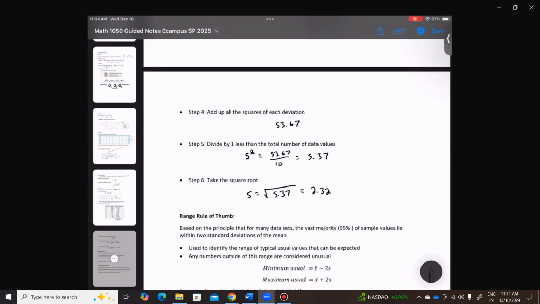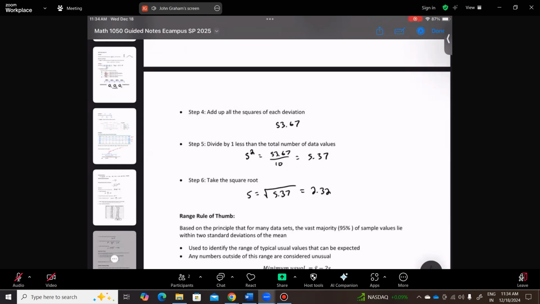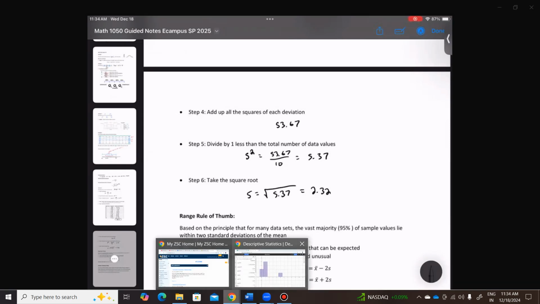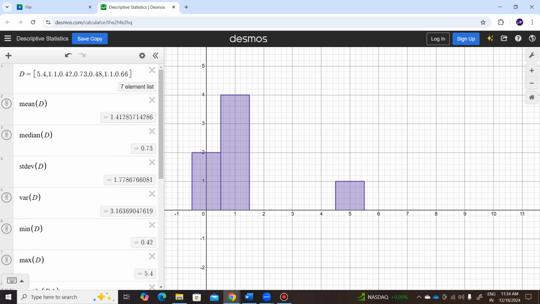Now, with these on Desmos, if you go back to the descriptive statistics calculator, the one that gives us the mean, the median, the standard deviation is there. Our variance, which is the standard deviation squared, is there.